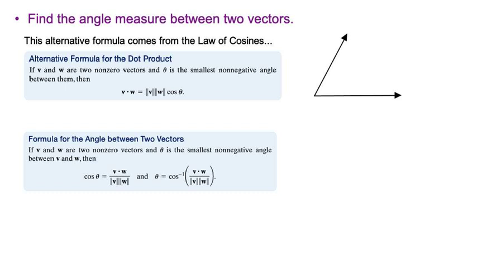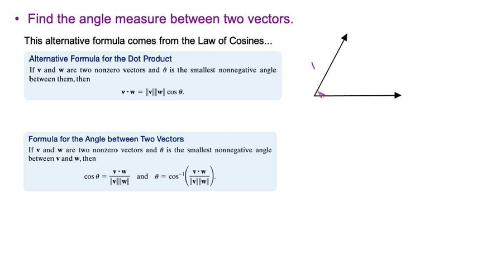Our next objective is to find the angle measure between 2 vectors. Notice we have an alternative formula that comes from the law of cosines. It takes a little bit to derive this, so what I've decided to do is just give you an idea about why this comes from the law of cosines.